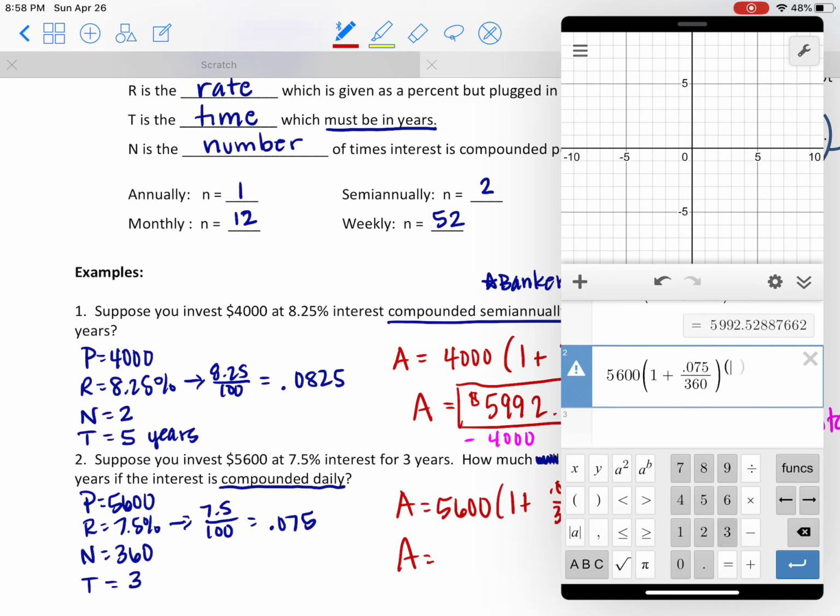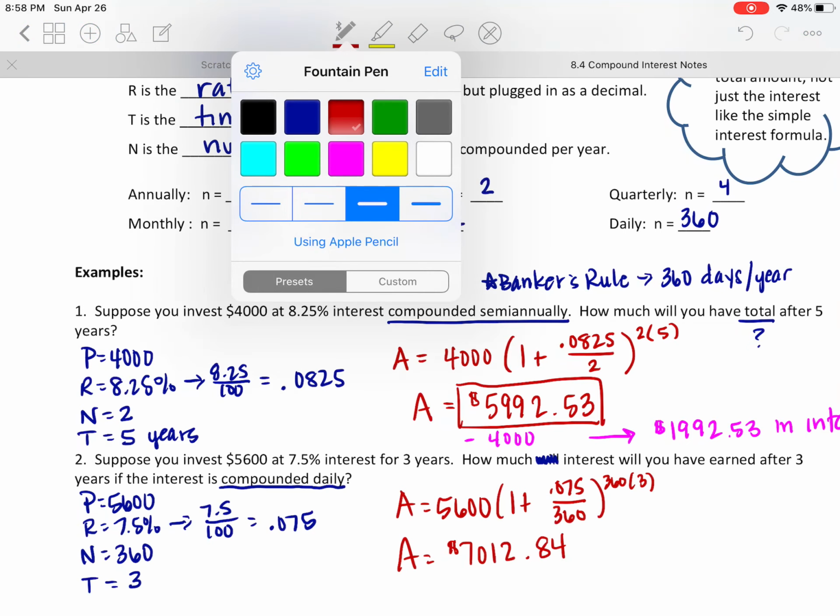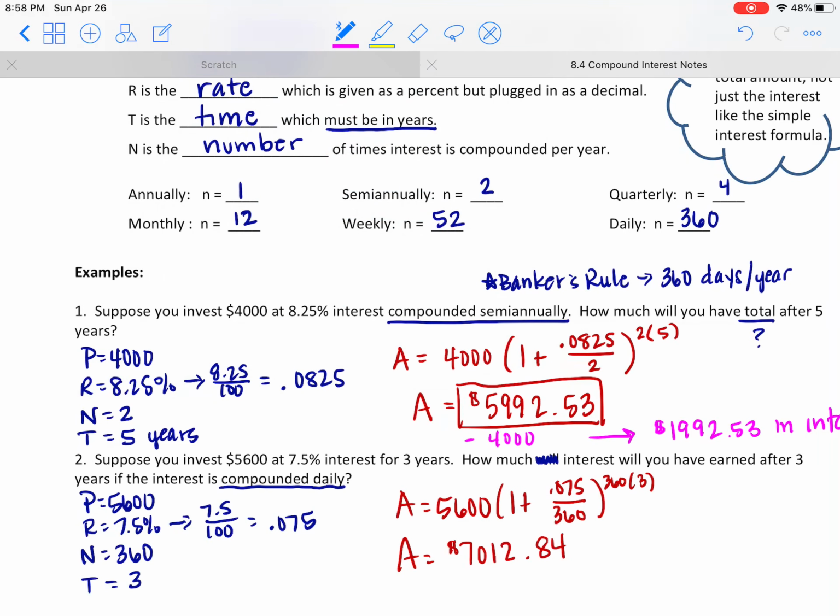So we have 5,600, 1 plus 0.075 over 360, and then we're going to raise that to the 360 times 3 power. We have $7,012.84. Okay, so that's the total final amount. Now that is not the answer in this one. It doesn't say what is the total amount you're going to have. This one actually says how much interest.